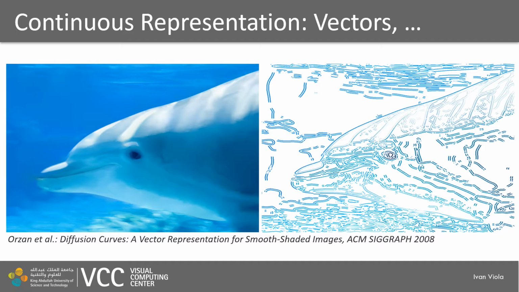We will not be covering a vector representation in today's lecture, but it is important to keep in mind that even an image which looks rather realistic, and one would be tempted to interpret as a discrete representation, can be defined through a vector representation, such as the diffusion curves technique as described in some recent research work at SIGGRAPH 2008.